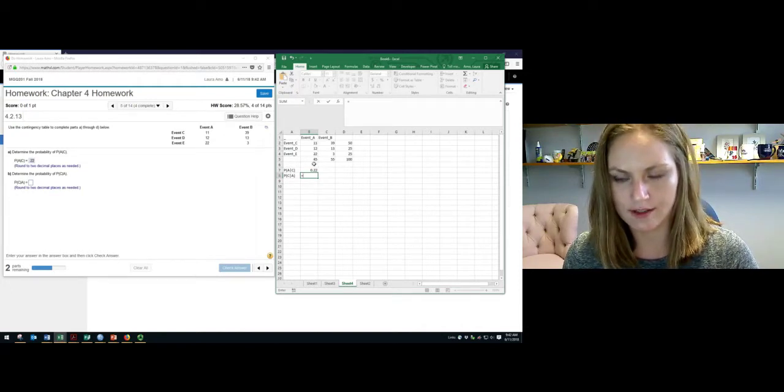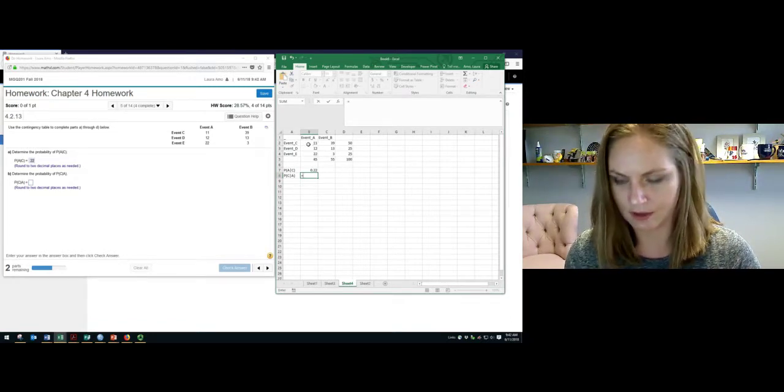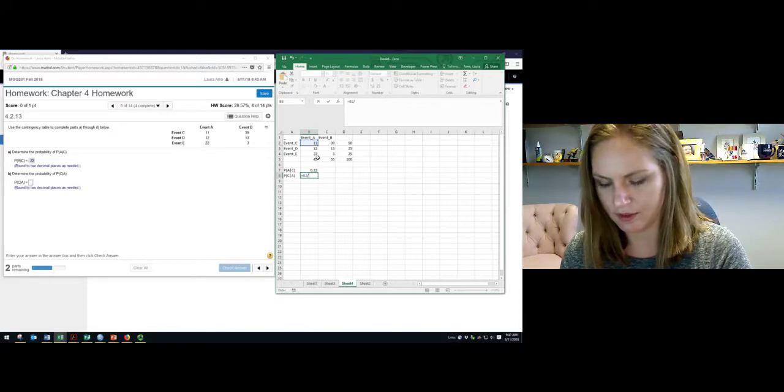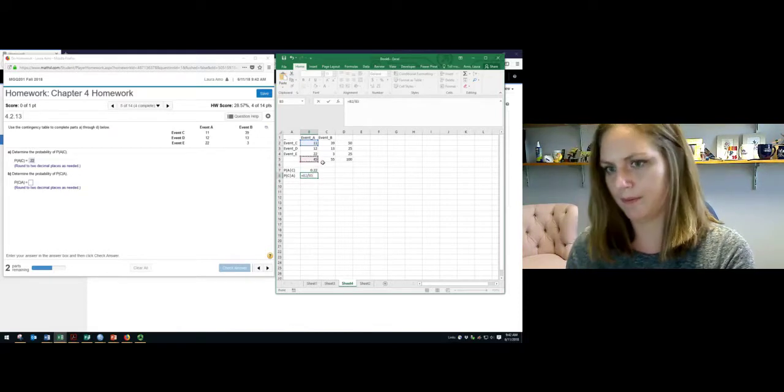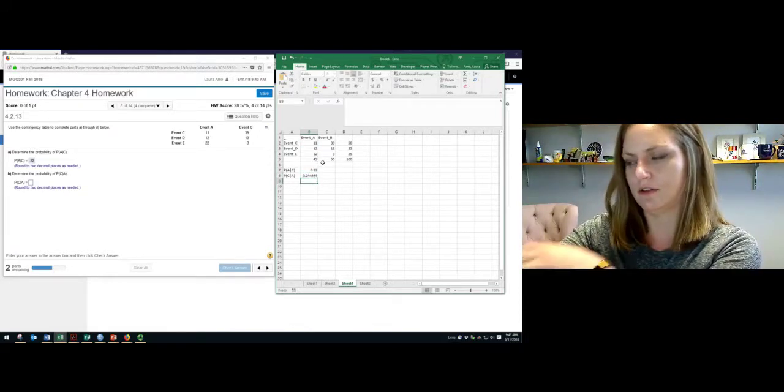And of these event A's, how many are event C's? That's 11. So 11 is now going to be divided by the total number of event A values, so 0.24.